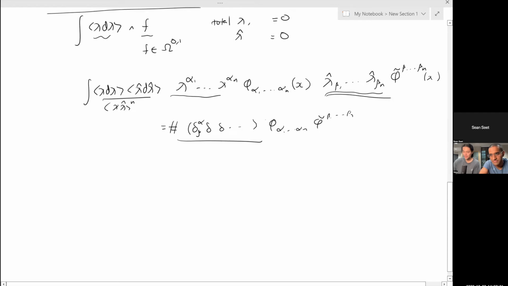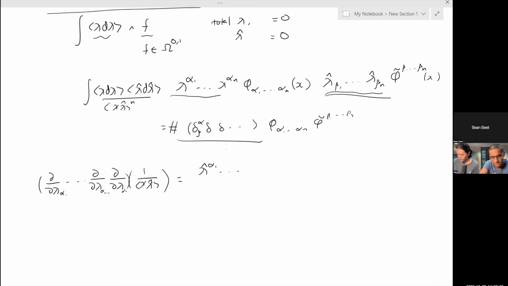It's an excellent observation. It comes from this little trick. If I do this many times, each of these has an index on it. Of course, this thing is equal to lambda hat alpha 1, ... lambda hat alpha n with some number, which I could write down if I were not lazy.